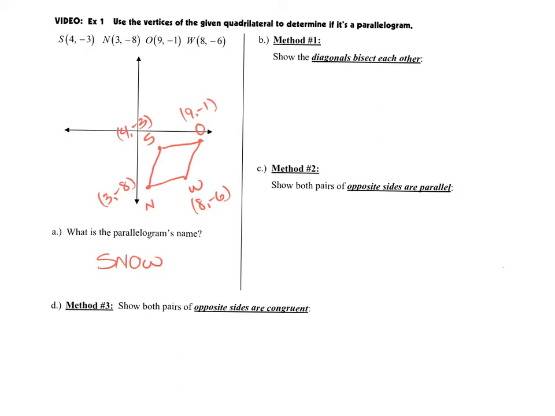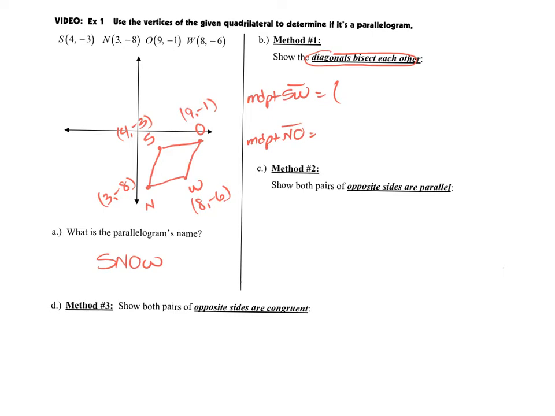And for my first method of showing that I have a parallelogram, I'm going to show that the diagonals bisect each other. And for that, I need to be able to identify my diagonals, which is why we wanted to plot these points. So we're going to do the midpoint of SW, and we're going to do the midpoint of NO. For the midpoint of SW, we're going to average the x values and average the y values.